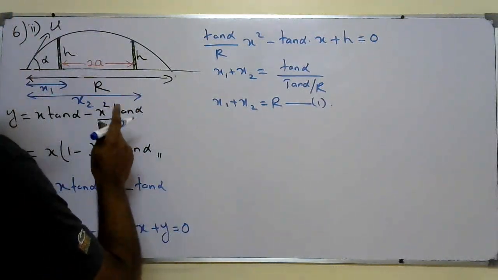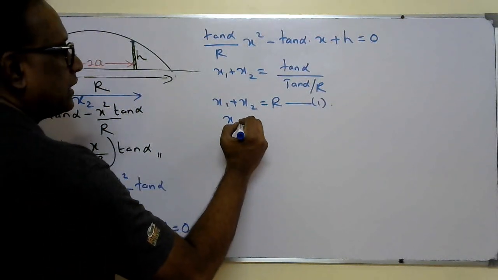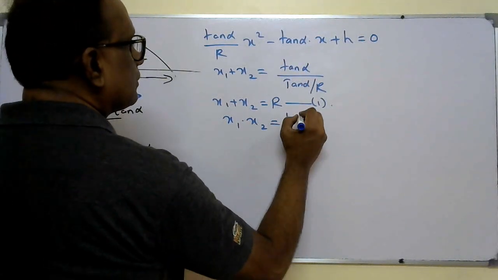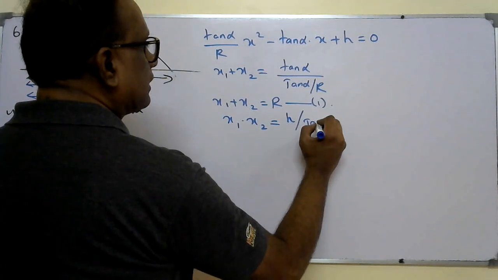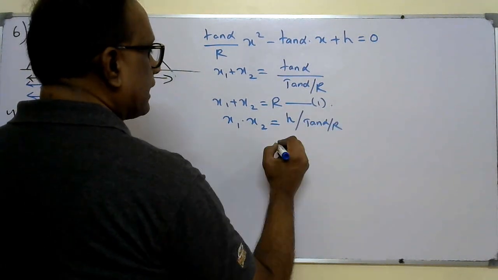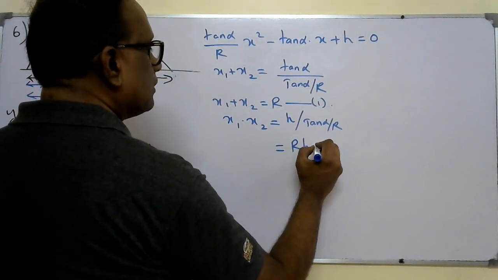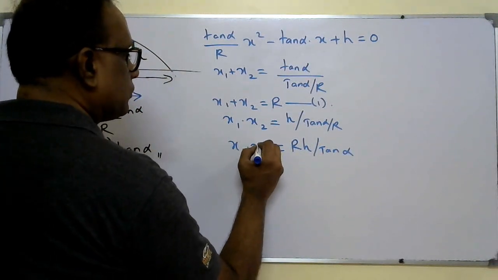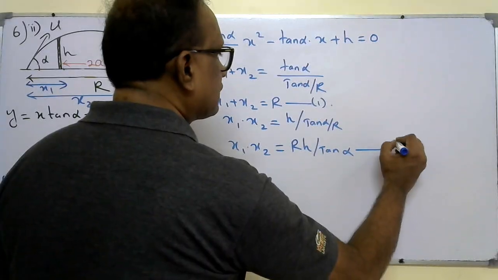And we know that x1 times x2 is c over a, that is h over tan alpha over r, that is rh over tan alpha, that is x1 into x2. That is second equation.